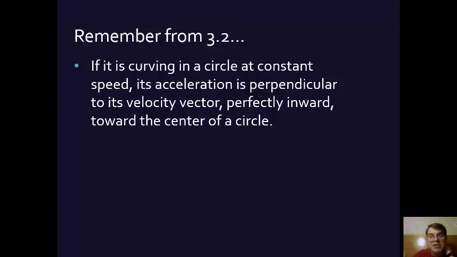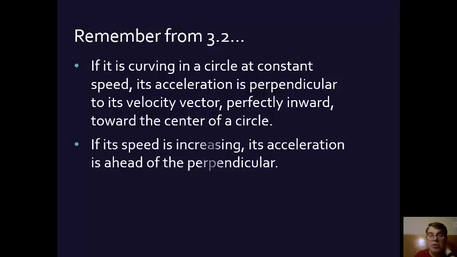But if it's moving at a constant speed, then its acceleration is going to be exactly perpendicular, or radial, to its instantaneous velocity vector, perfectly inward toward the center of a circle.